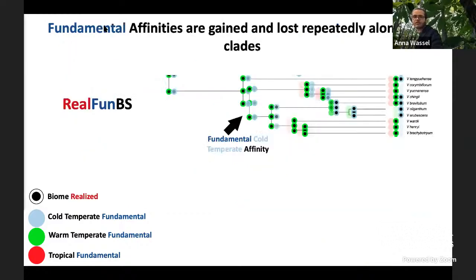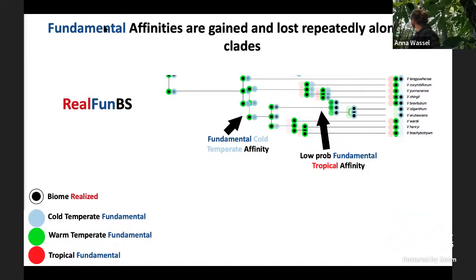So let's show this little clade here. With RealFunBS, we have some really interesting patterns, where what we're seeing a lot at the tips is really supporting single realized affinities, with some weak support for tropical affinities back in time. But I really want to focus here on the fundamental cold temperate affinities, where you don't really see the dark dot anymore.